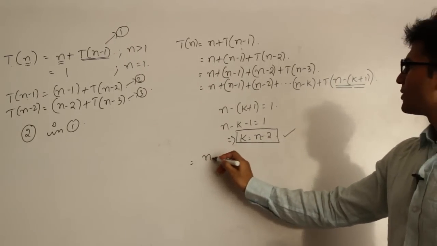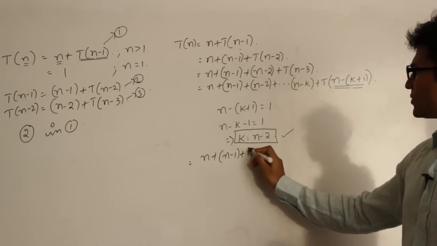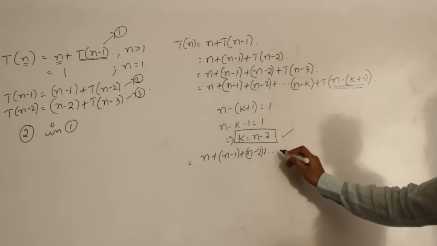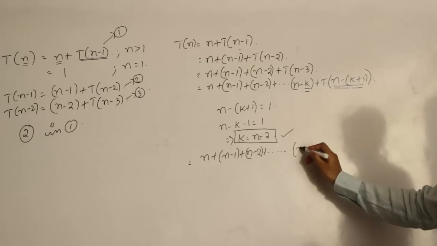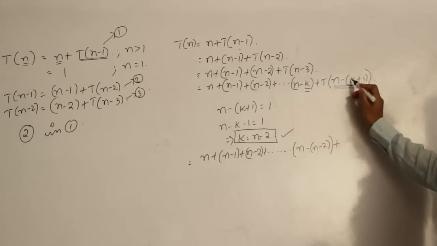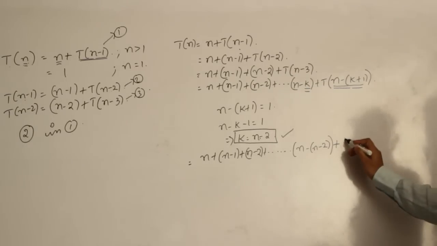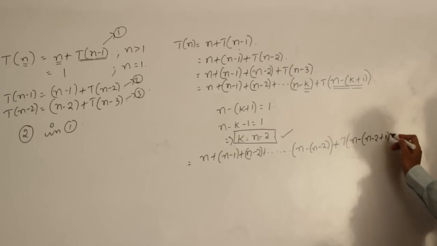Then what happens? n plus n minus 1 plus n minus 2 plus so on plus, in terms of k, I substitute n minus 2, and T of n minus 2 minus 1.